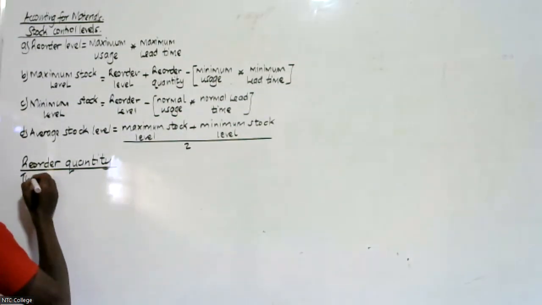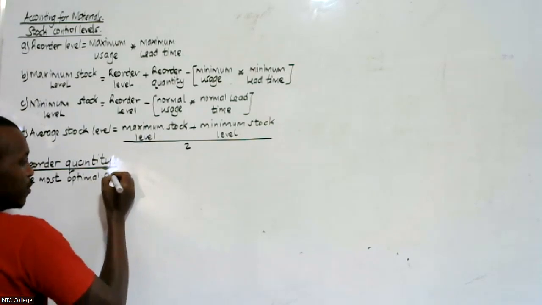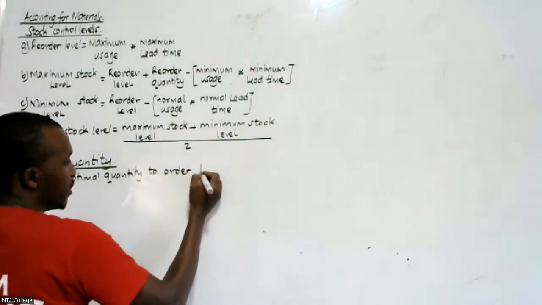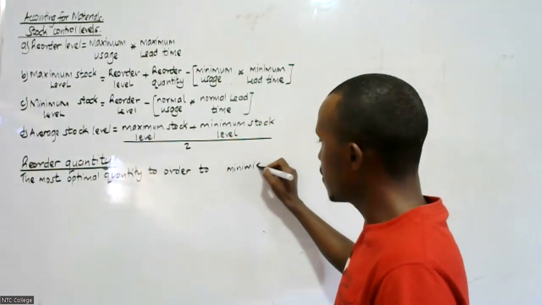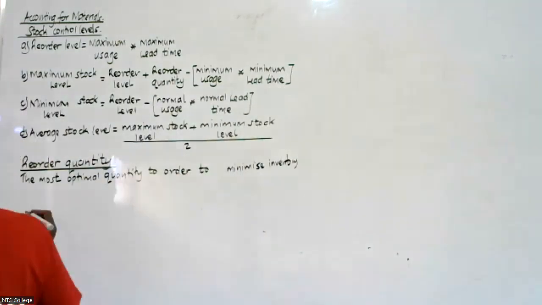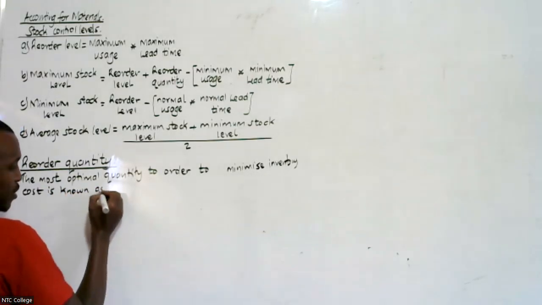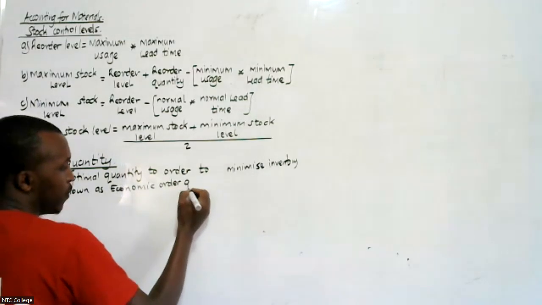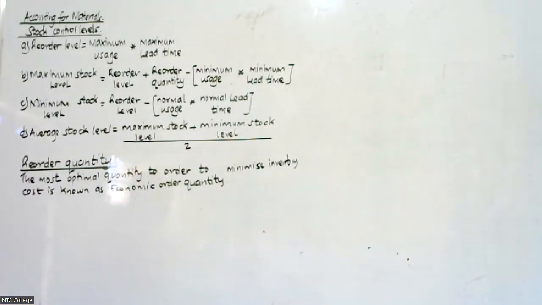So the most optimal quantity to order to minimize inventory cost is known as the economic order quantity, or EOQ.